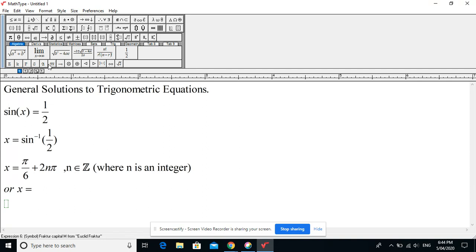So how do we create odd numbers of pi? Well, we say 2n plus 1, or minus 1, that will also work, pi.